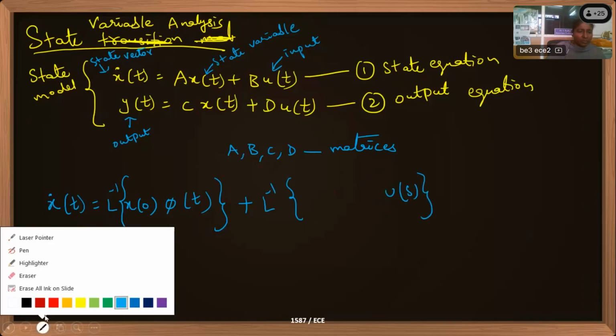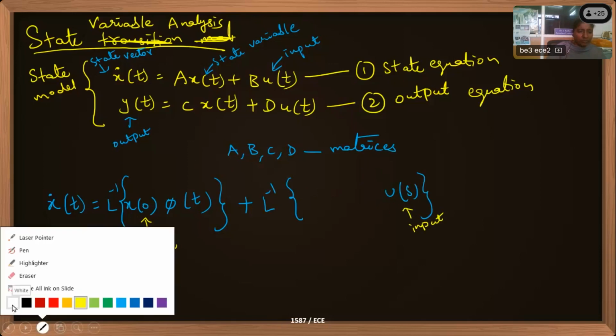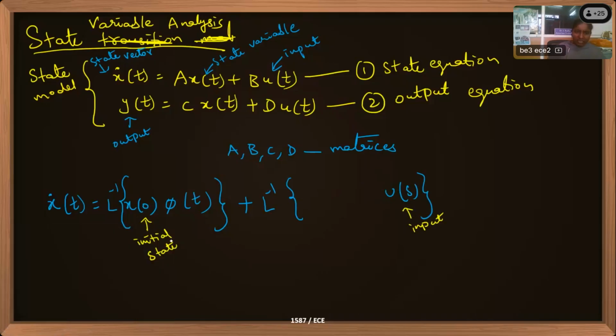Now, coming to x of 0, this is called the initial state. U of s means the Laplace transform of the input. Now, when this initial state is 0, the first term will vanish. So the second term is called the zero state response.